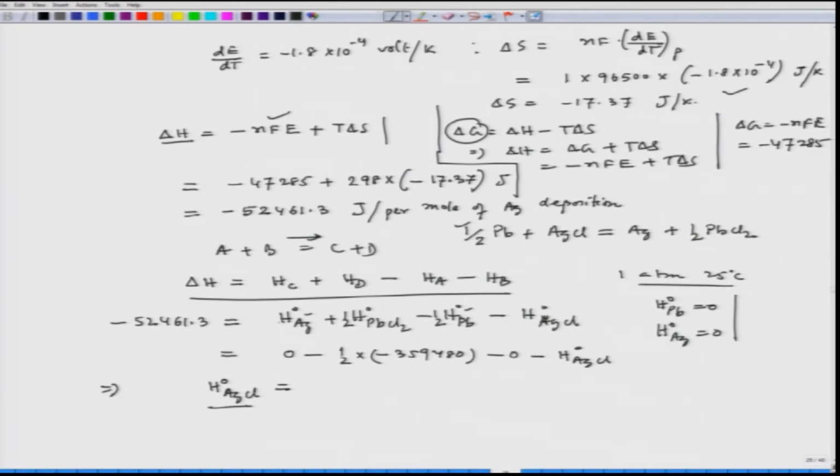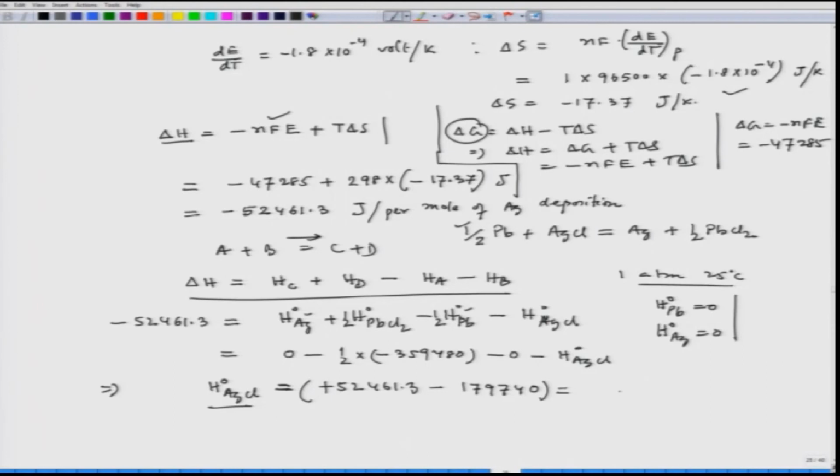We can also put formation enthalpy, which is equal to minus 52461.3 minus, this would become plus, and this is 179,740. So, this is the value.